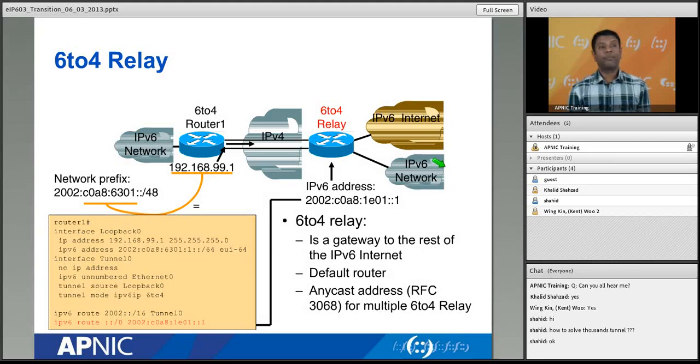What about a 6to4 site that would like to access a native v6 site as well? The configuration that we saw in the previous slide, a 6to4 site can only access a 6to4 site, but a 6to4 site cannot access a native v6 site. So if a 6to4 site wants to access a native v6 site, how can they do that? According to the previous slide, no option, no way.